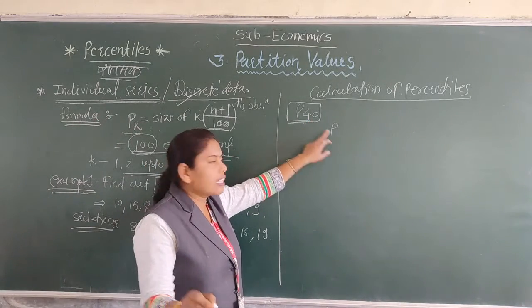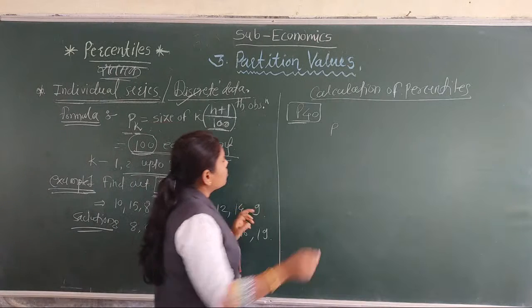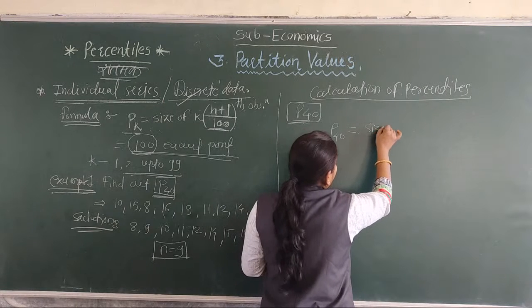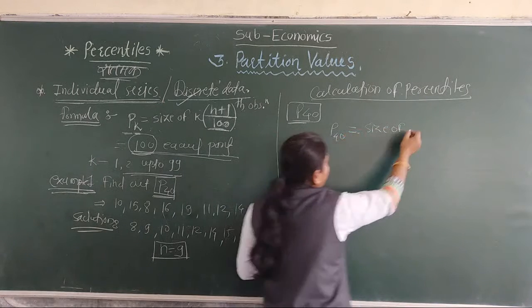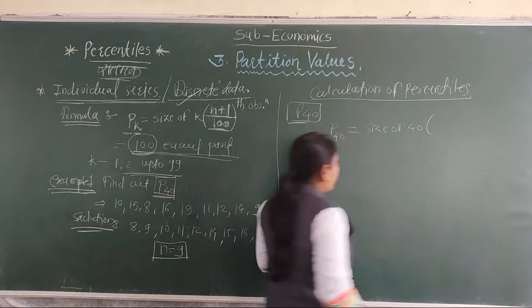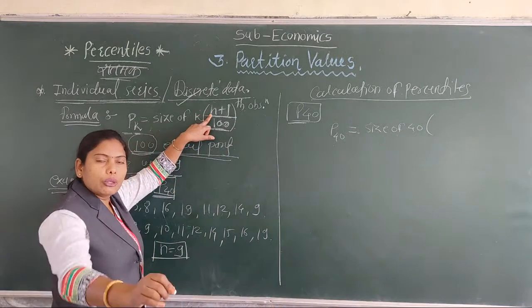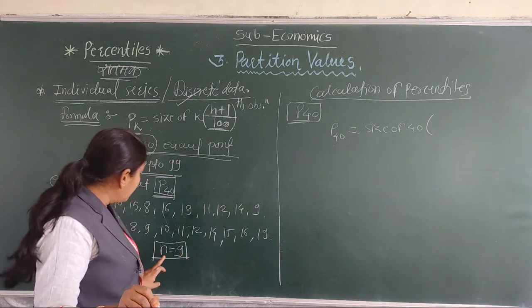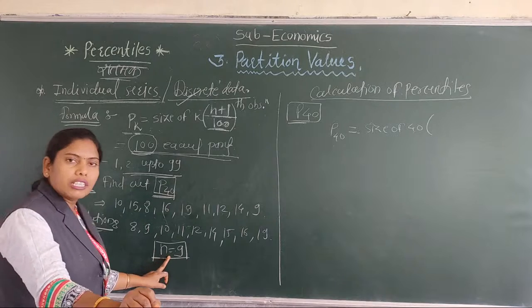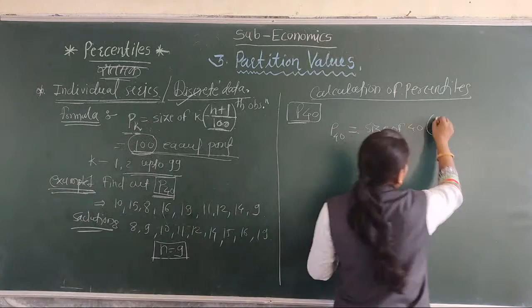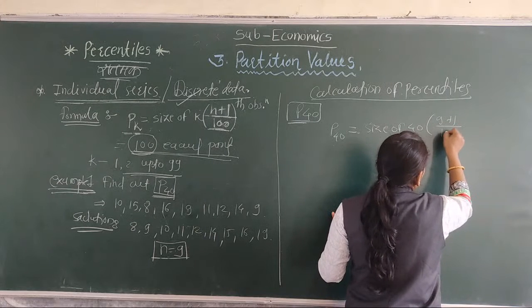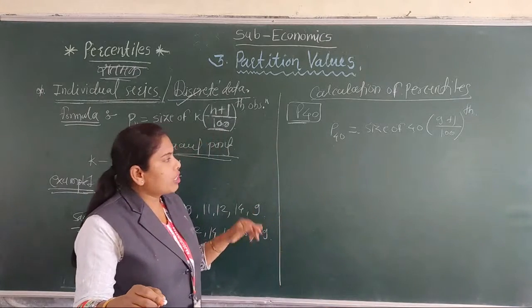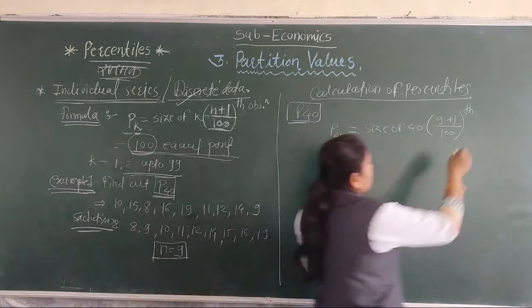So write P equal to size of K, means 40, into bracket N plus 1, where N means total number of observations. In this example, the total number of observations is equal to 9, so 9 plus 1, divided by 100, observation.